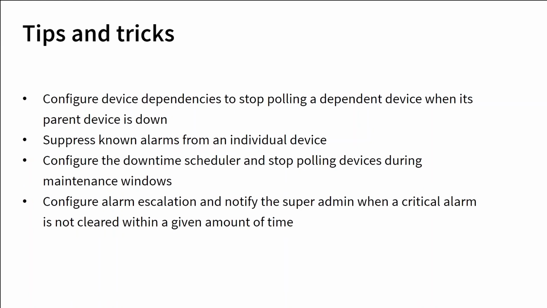You can also configure alarm escalation and notify the super admin when a critical alarm is not cleared within a given amount of time. So if you want OpManager to trigger an alarm when a particular event is not cleared within so and so time, then you can create an alarm escalation rule for the server or switch, whatever you prefer, and get the super admin notified when it is not cleared within that time.